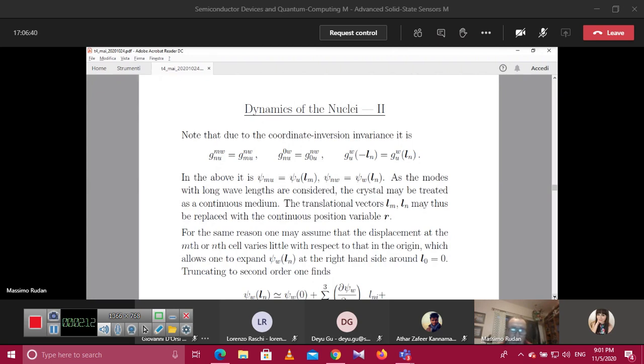So we can replace, if we need it, the index of the cell with a 0, one of them. For instance, index M, okay? So we obtain the relation in the middle of the first line that derives from the translational invariance of the lattice.